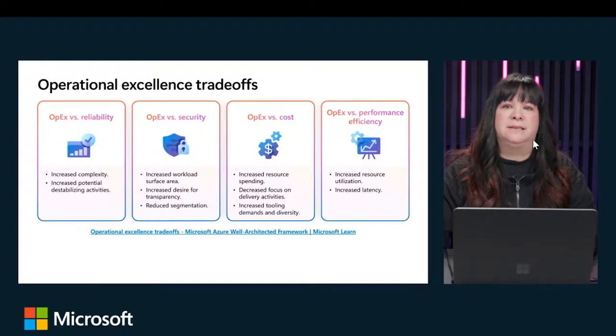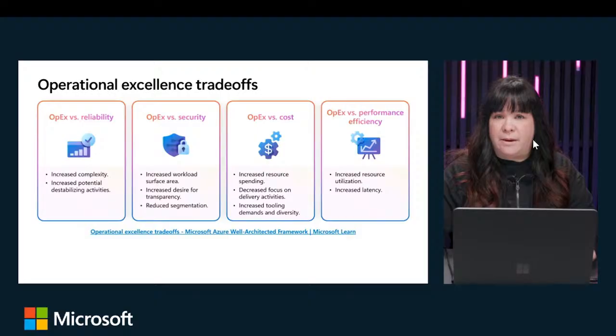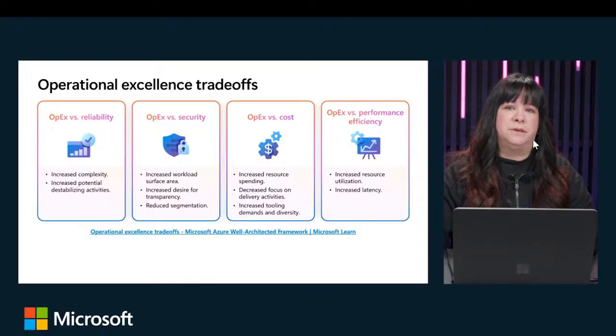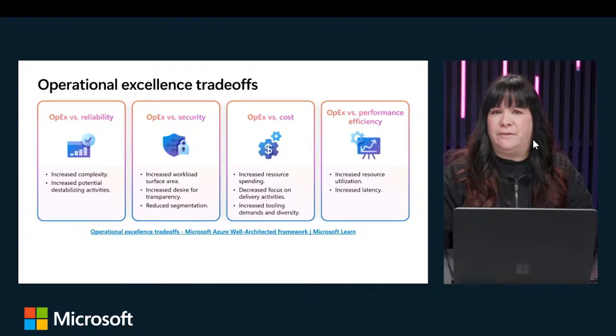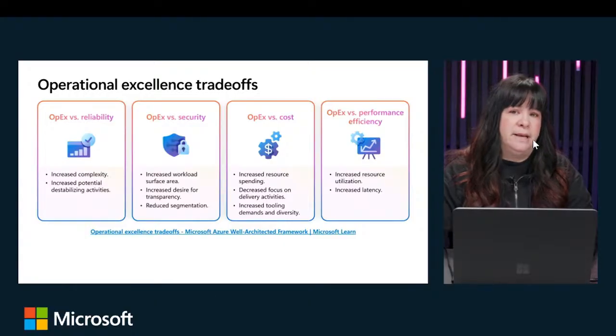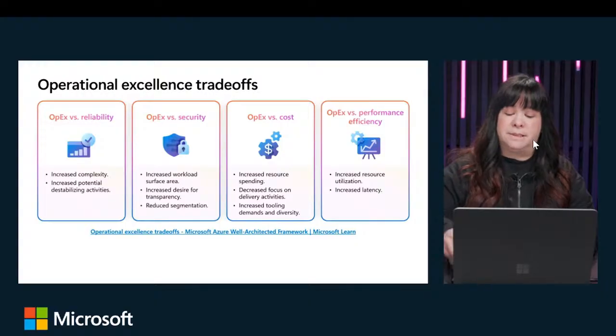Additionally, operational excellence can introduce latency through deployment models that use gateway routing access patterns, while performance efficiency aims to reduce time spent and resources consumed. So understanding these trade-offs is crucial for making informed decisions that balance operational excellence with reliability, security, cost, and performance efficiency.